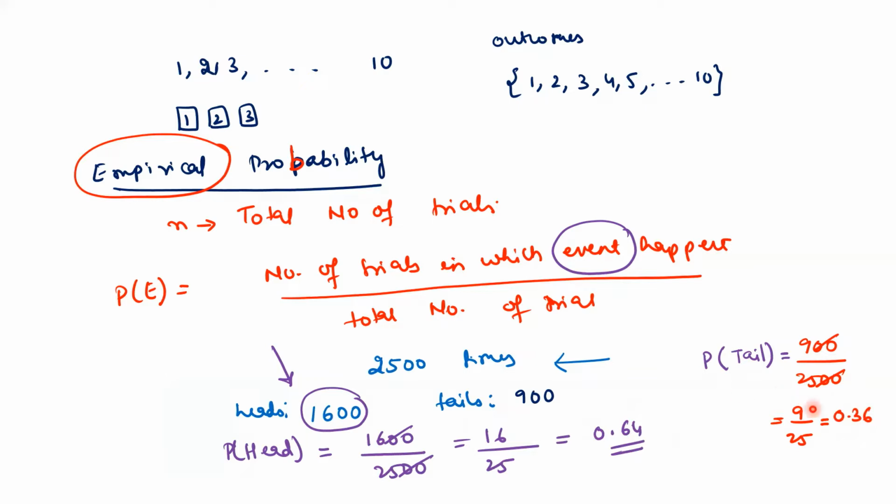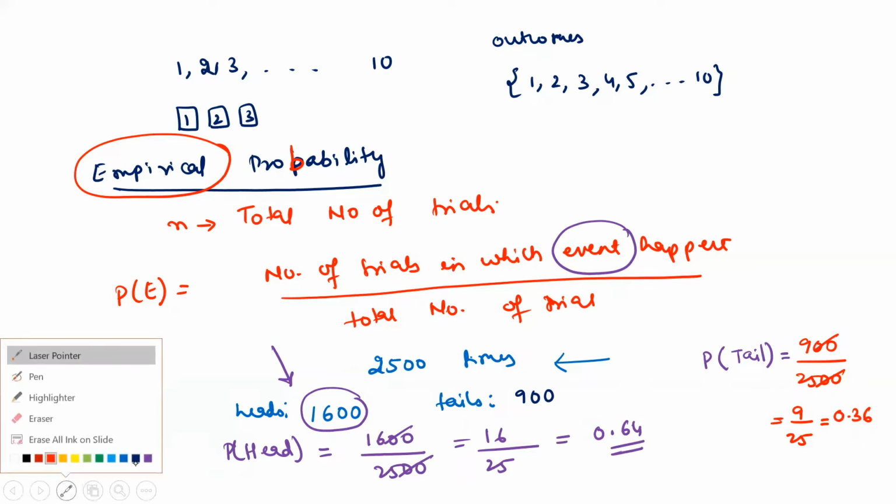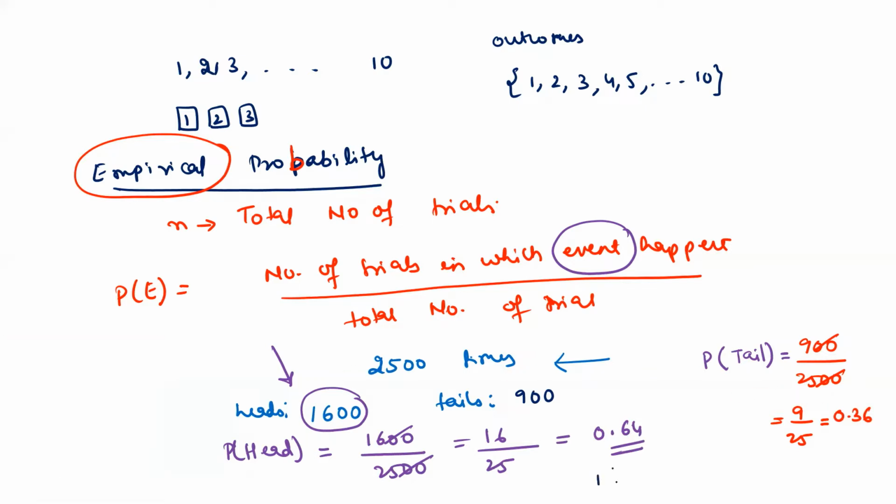What do you observe when you add these two? You get 1. This experiment has only two events, so when I add them you always get 1. Whenever you add the individual probabilities, the sum is 1. Is this observation clear?